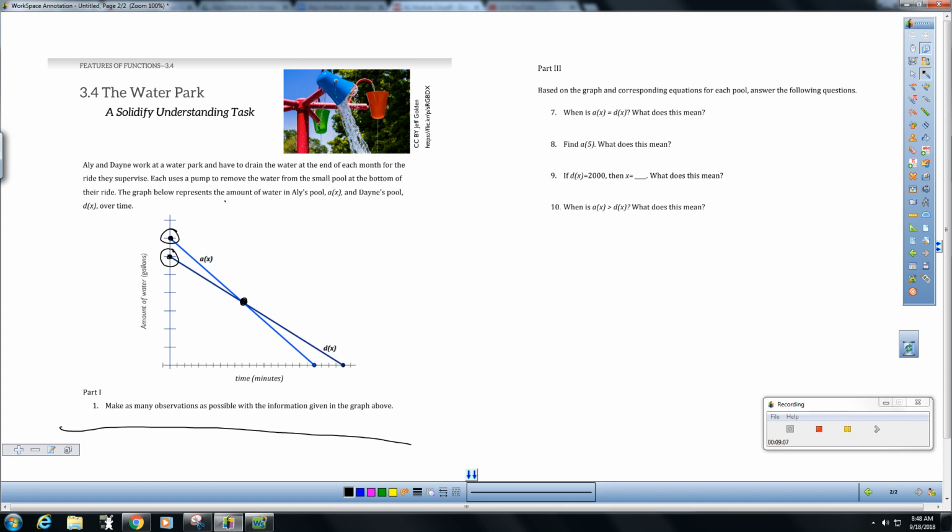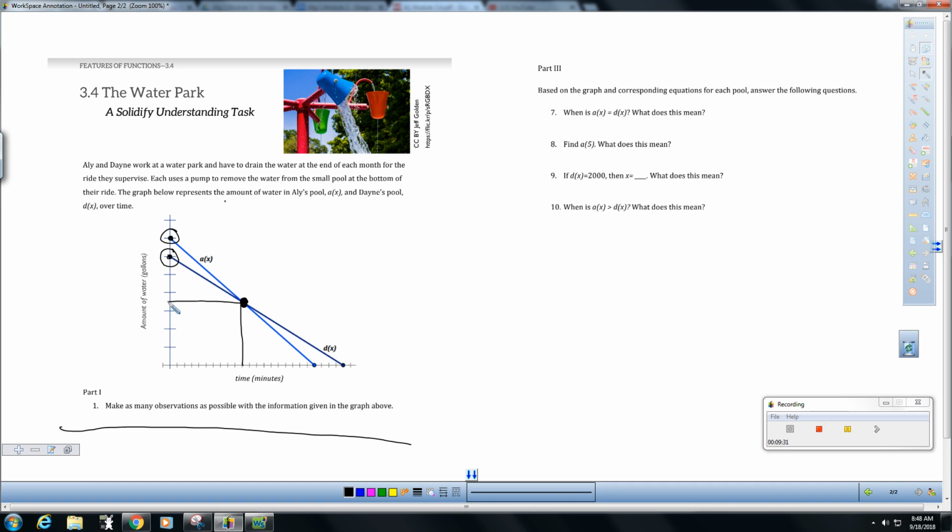Okay, on to part 3. Based on the graph, where does A of x equal D of x? Well, right here at this intersection point. So, when does that exist?